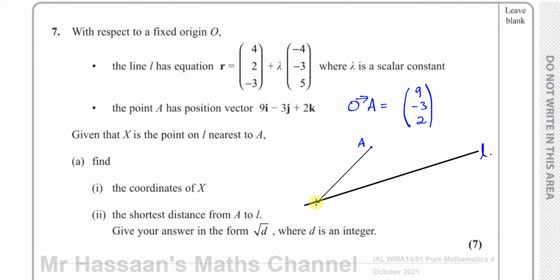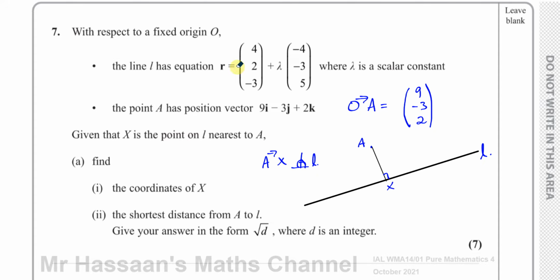So X must be a point on the line which is closest to A. So it must be somewhere such that the line from A to X is perpendicular to the line L. So we know that AX must be perpendicular to the line L.